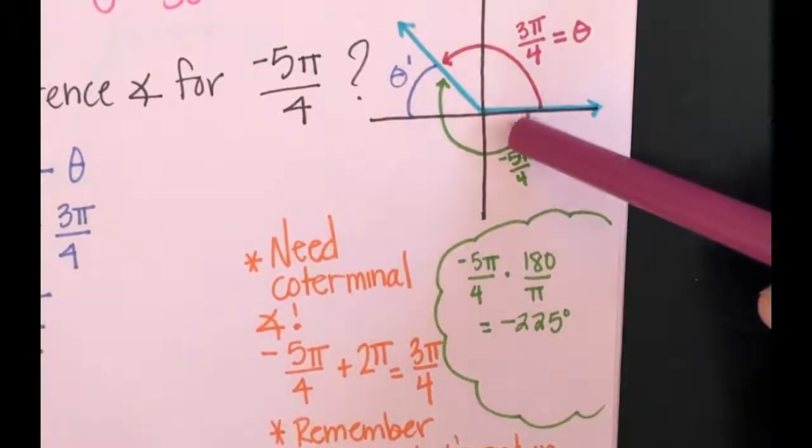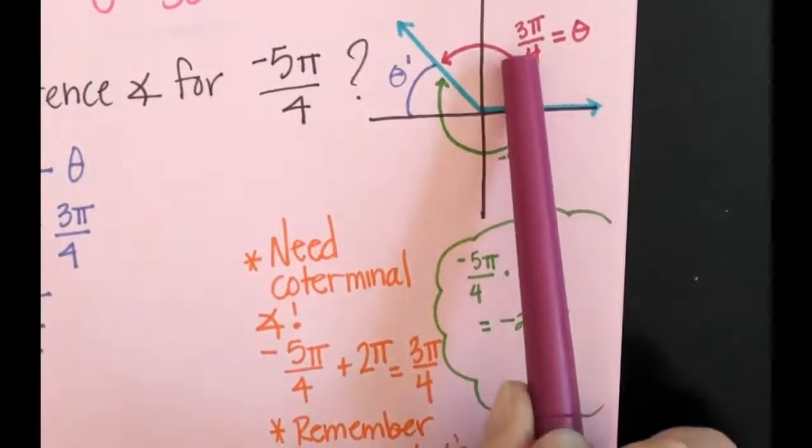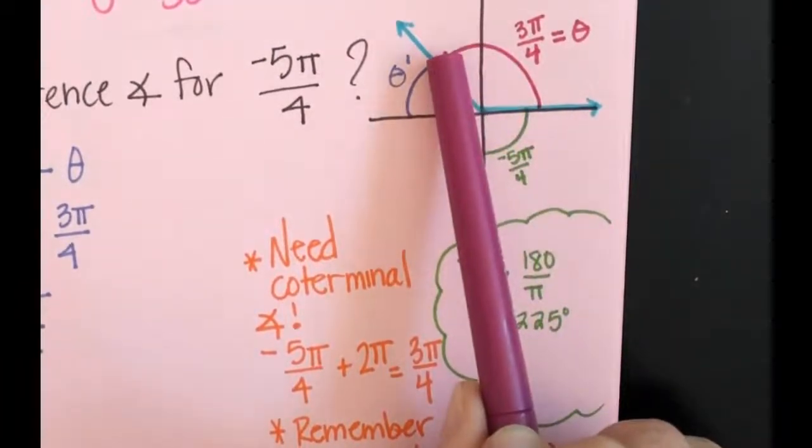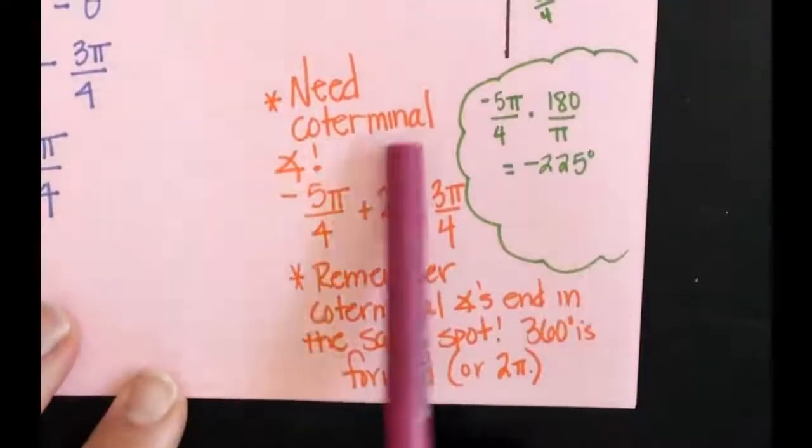Well, I don't deal with negatives, so what we had to do was figure out what that positive coterminal angle was. You can see here that we need our coterminal angle.